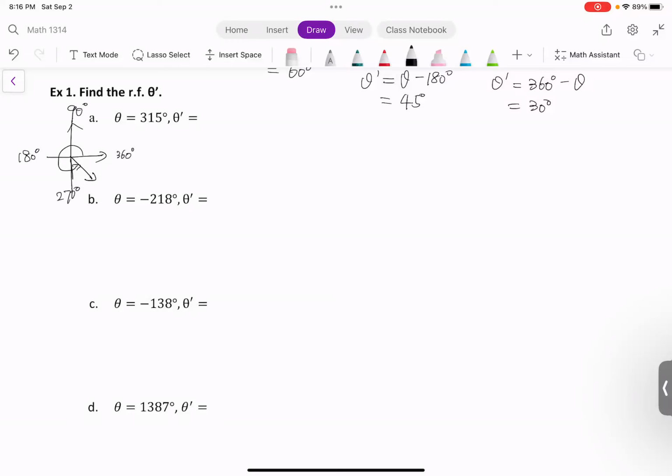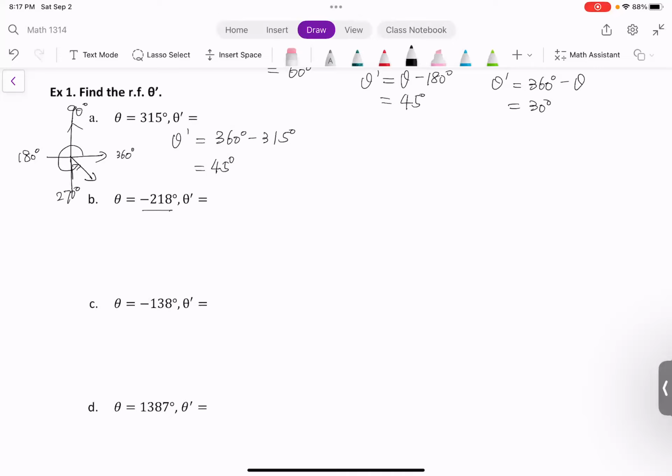So theta is in the fourth quadrant, and we use the formula 360 minus theta, 360 minus 315. This is 45. So the reference angle is 45 degrees. How about the next one? Theta equals negative 18 degrees.